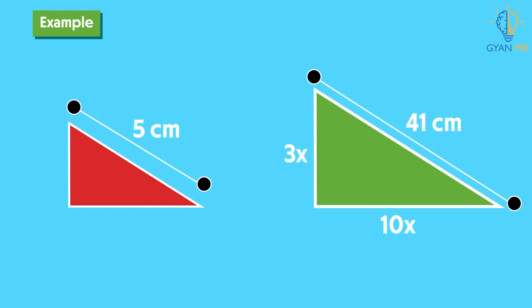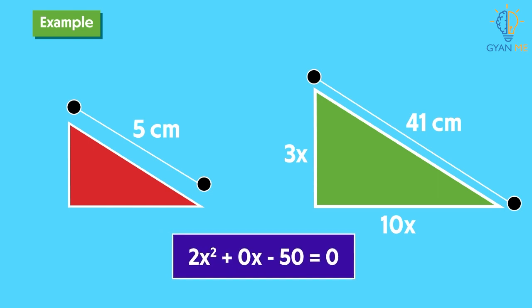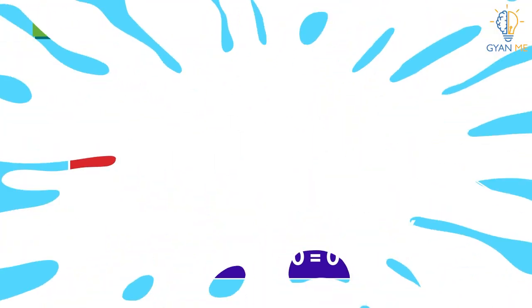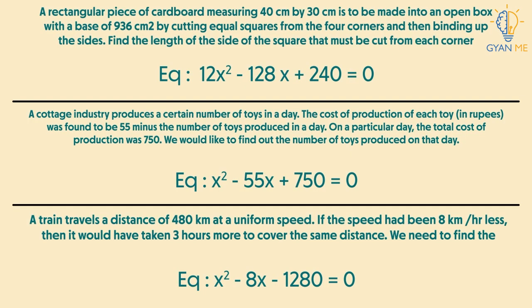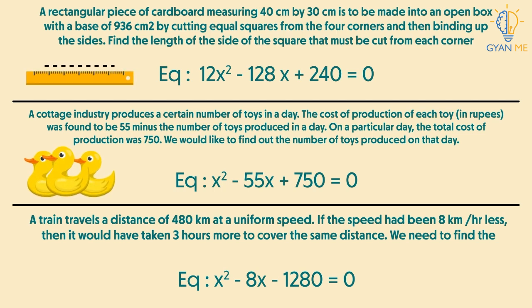In this case, we need to form some equations and solve it to find the length of each side of this right triangle. Similarly, students, you can see some examples on your screen. In each of them, we can form some equations and solve them to find our required length or number of toys or cost or speed.